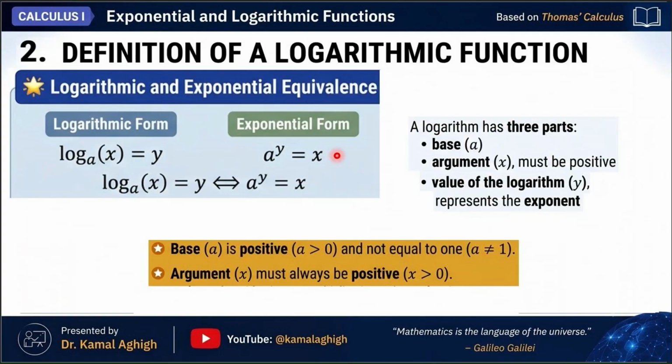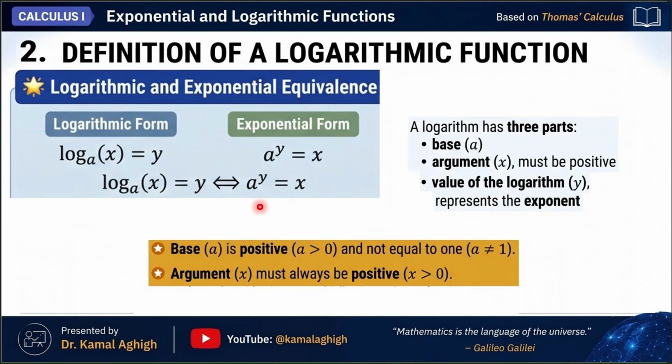These two forms express exactly the same relationship. One is written in exponential form, the other is written in logarithmic form. Learning to move easily between these two forms is one of the most important skills in this chapter.